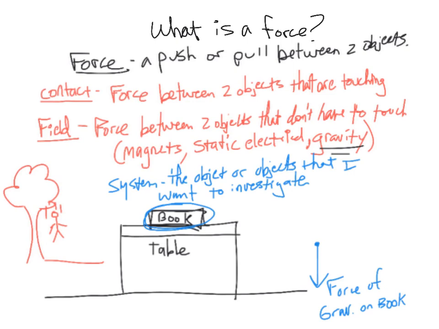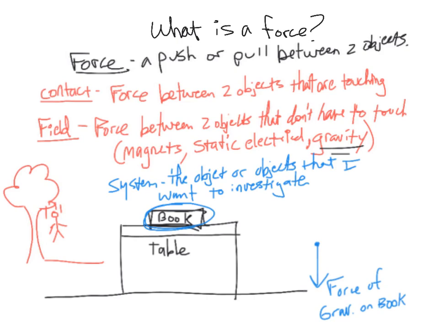That is a force that's acting on the book, and it is in a downward direction. And for force diagrams, we always draw them so that the arrows go away from the dot. So we would not put the force arrow up here pointing at the dot. It would start at the dot and go away from the dot. That's just typically how we draw them.